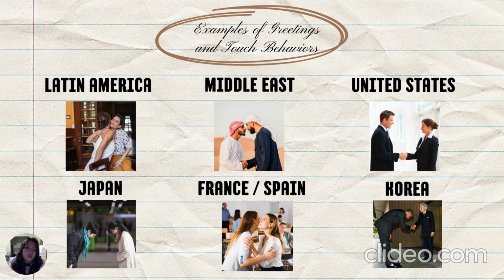Also, standing close is normal for them. Then we have the United States. It is usual to have handshakes and occasional hugs between friends, but the handshake is very common in the business context.